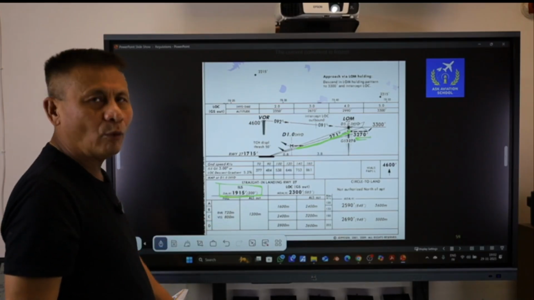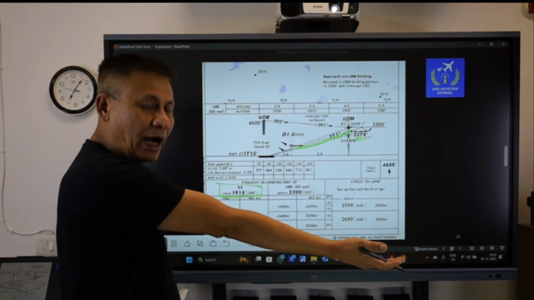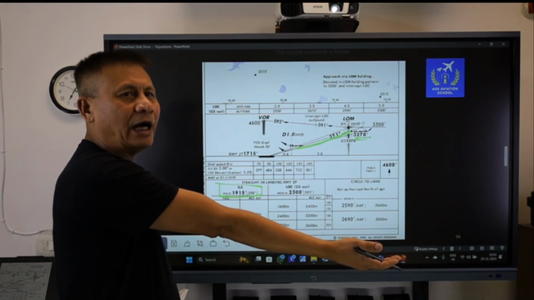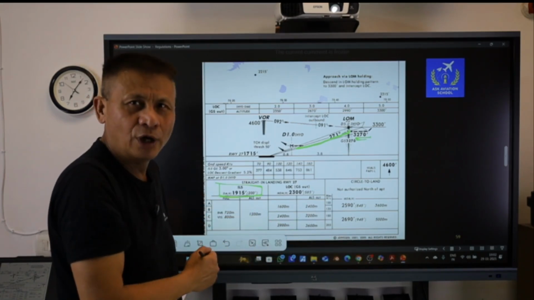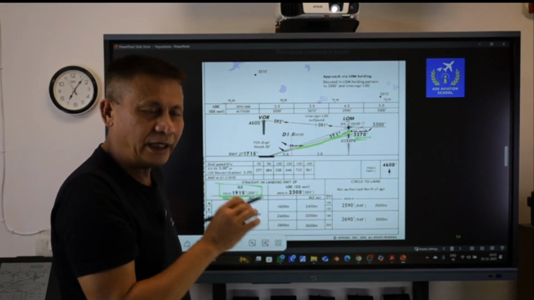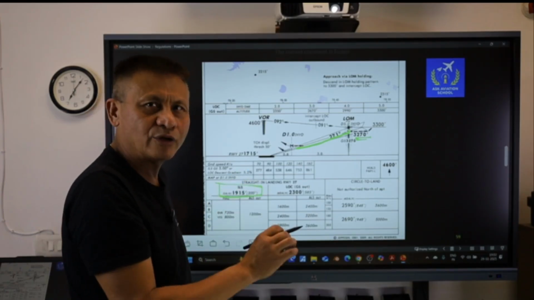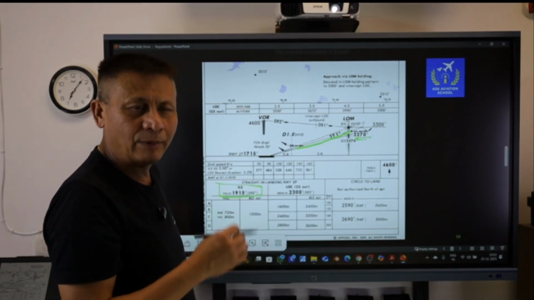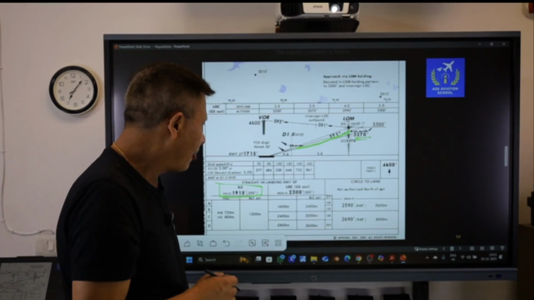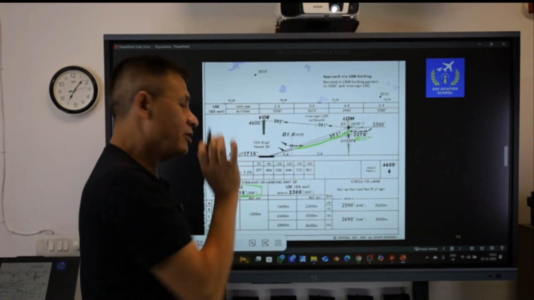At 1915 feet, I am supposed to look out for the visual reference with which I can identify the runway, and if I have established the visual reference for that particular runway, then I can continue and land. If unable to identify that particular runway, then I will carry out the missed approach procedure, which I have already mentioned. Okay. Now, this is the ILS approach.